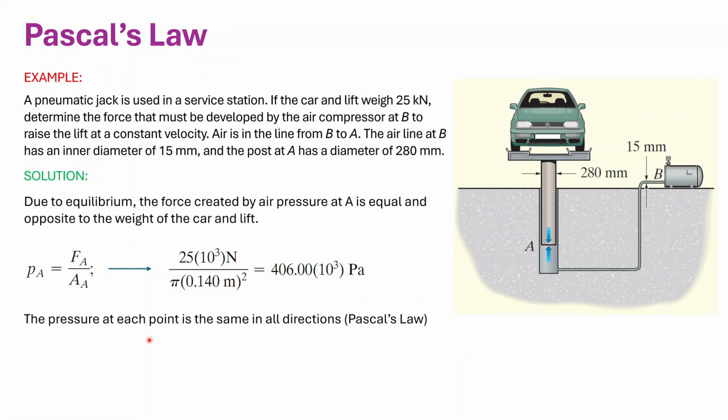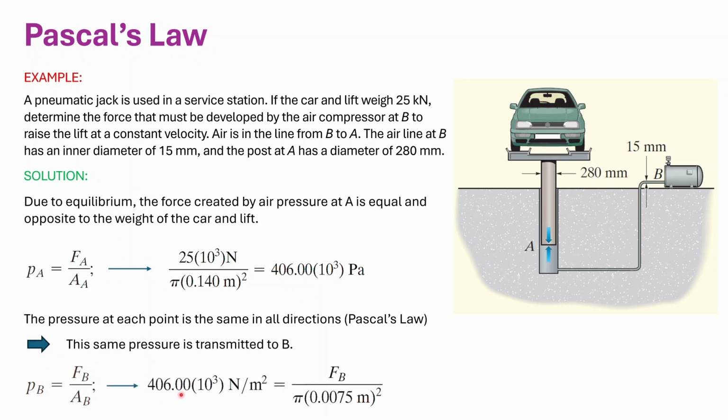Next, the pressure at each point is the same in all directions. So this is Pascal's law. Therefore, the same pressure is transmitted to B. So in order to find FB, we have to use this formula that PB equals FB divided by AB. And as I said earlier, since pressure here is equal to pressure here, then the number that we found as PA, we can use as PB.